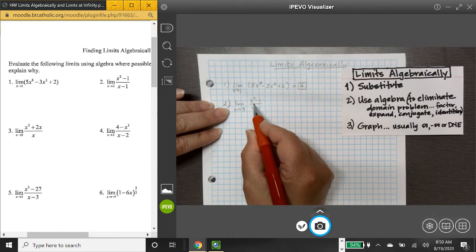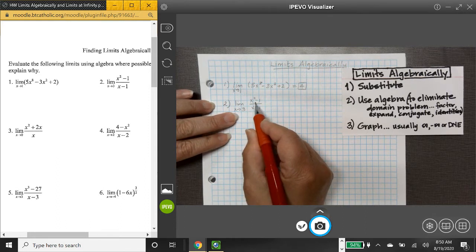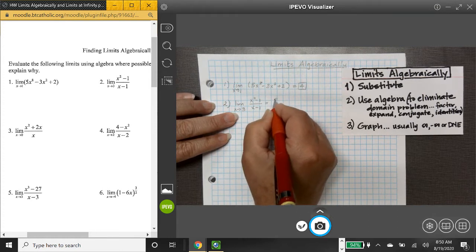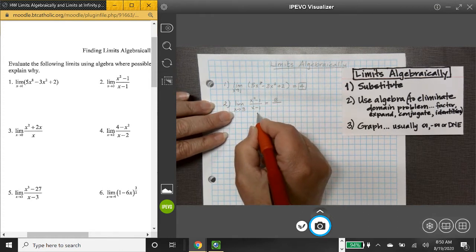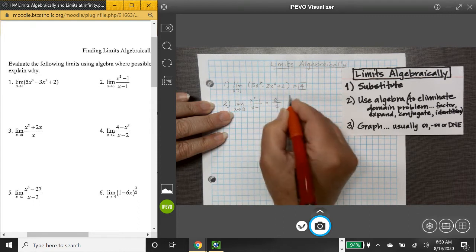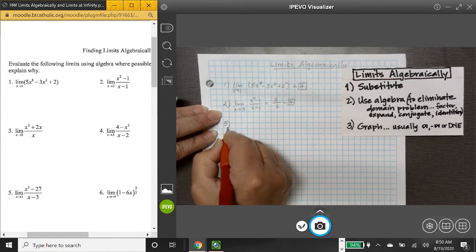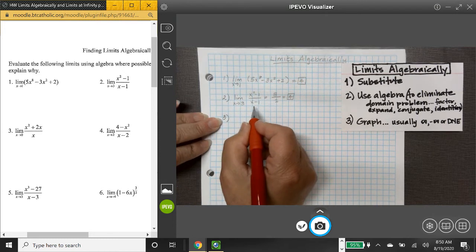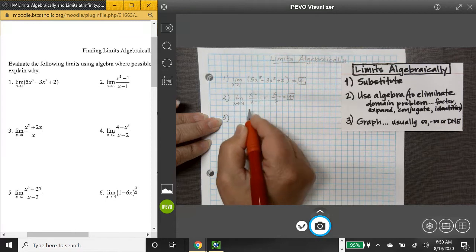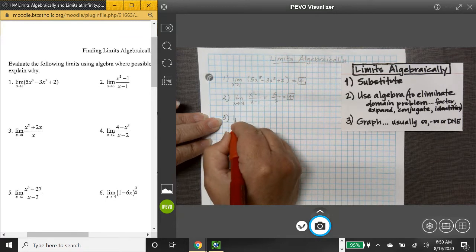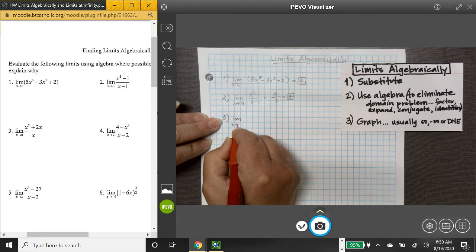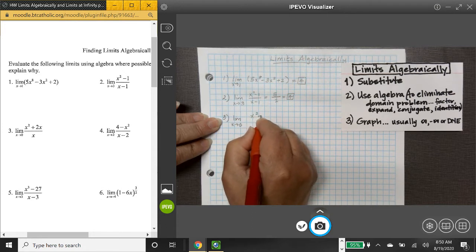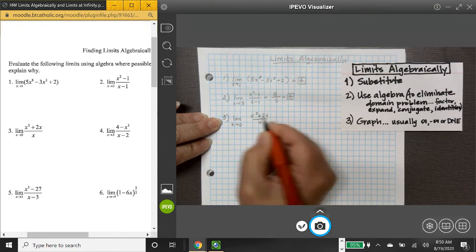So x squared, if I use substitution, is 9. 9 minus 1 is 8 over 3 minus 1, which is 2. And then that's also 4. No coincidence, right, that the first two are 4. This 9 minus 1 is 8, and 3 minus 1 is 2. Yeah, that works.